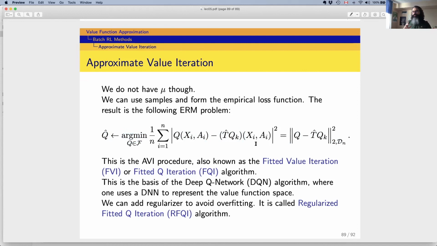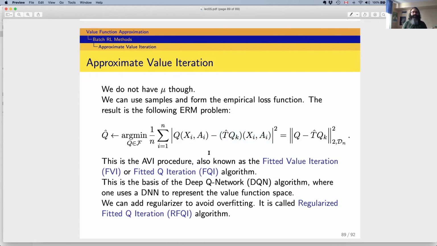So this is called the approximate value iteration procedure, also known as fitted value iteration or fitted Q iteration. It's called fitted because we are essentially fitting a Q function to something, and that something is the effect of the empirical Bellman operator on Q_k. So this is fitted value or fitted Q iteration.